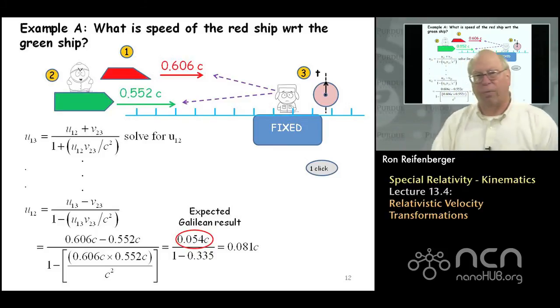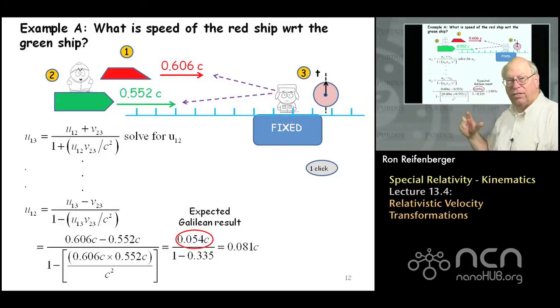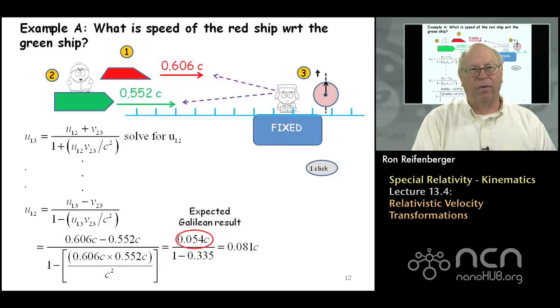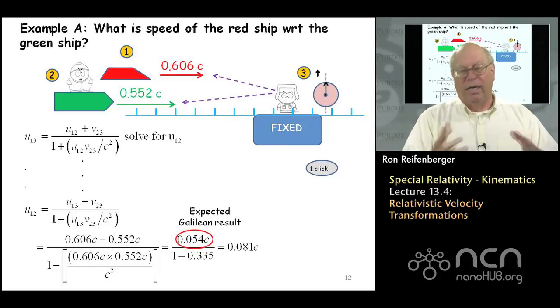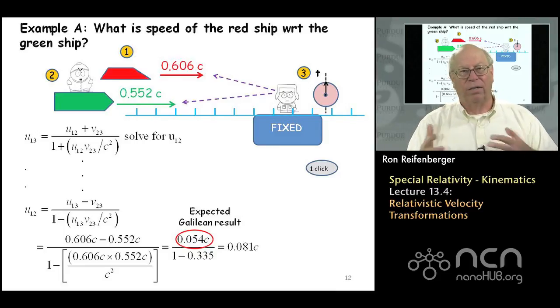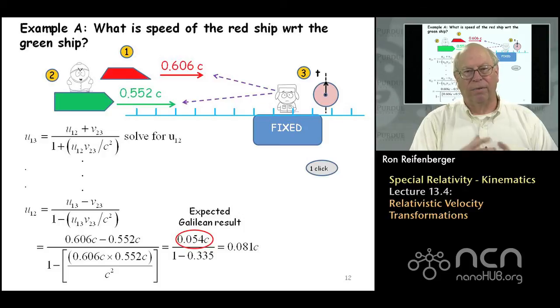Once you make the appropriate identification of velocities, then it's very simple algebraically to evaluate what you're being asked to find. And by doing these simple problems, I guess I should say, you demonstrate some understanding of this relativistic velocity transformation concept. That's a way to demonstrate proficiency in this particular topic.